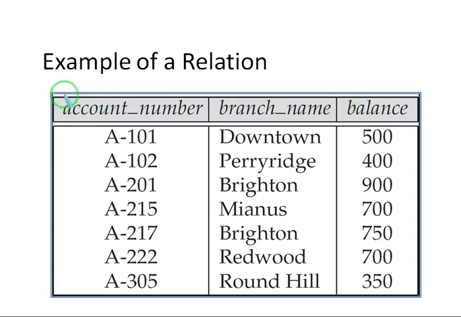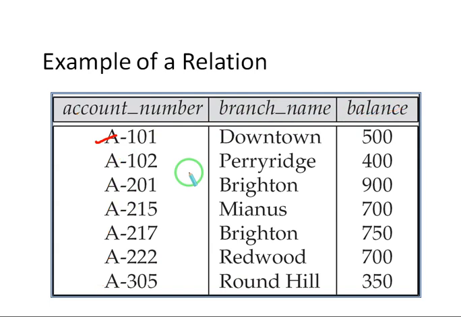So these columns are the attributes of your relation. And in this relation, this is one tuple, or one record. So how many tuples are in this relation? There are 1, 2, 3, 4, 5, 6, 7 tuples and 3 attributes, or columns, for this relation, right?